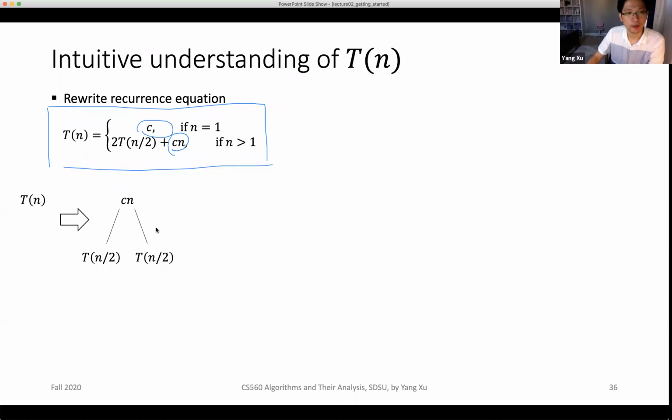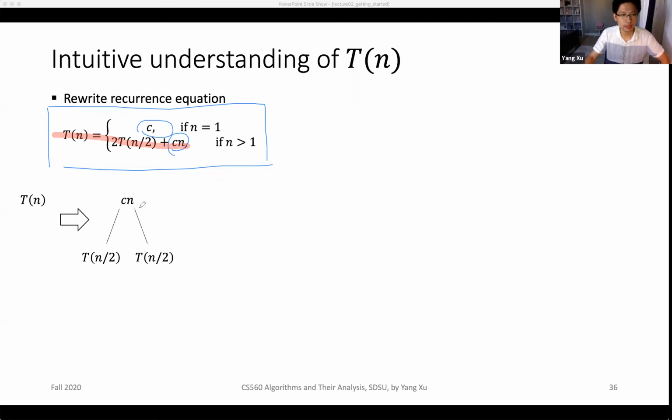We can rewrite the recurrence equation in such a form, and we first focus on these parts: T of n equals 2 times T of n over 2 plus Cn. There are 3 terms, and we can visualize them as 3 parts, placed in a triangle relationship.